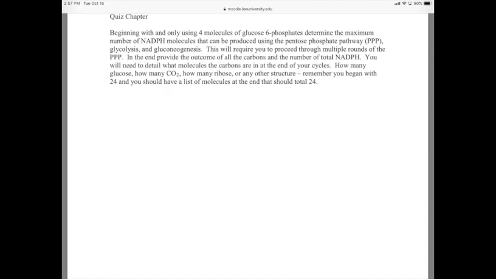And now I'm going to make something. What am I going to make? What can fructose be converted into? Fructose 6-phosphate can be converted into glucose 6-phosphate. Oh, good. I can get 2 glucose 6-phosphates.